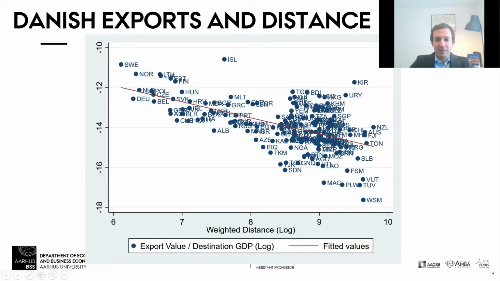And New Zealand and Australia, AUS and NZL, are among the most distant countries. This makes sense. But what we're seeing here is that it's perhaps a little less beautiful than the previous figure, in that there is some sort of heteroscedasticity here. But we observe this negative relationship, whereby Denmark exports more to countries that are close. So this is gravity at work. Denmark exports more to bigger economies and exports more to closer economies.